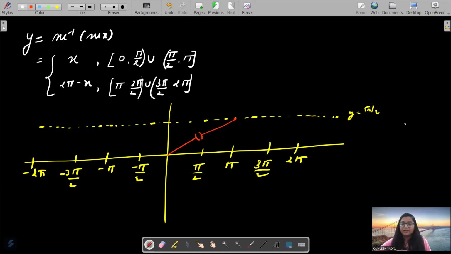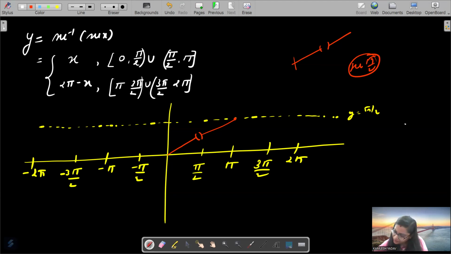Okay, so why I drew this graph like this: this is open at the point pi by 2, and we know that sec pi by 2 is not defined. So that's why I drew this graph except at this point. This line exists, but except where? Pi by 2. So that's why I drew like that.